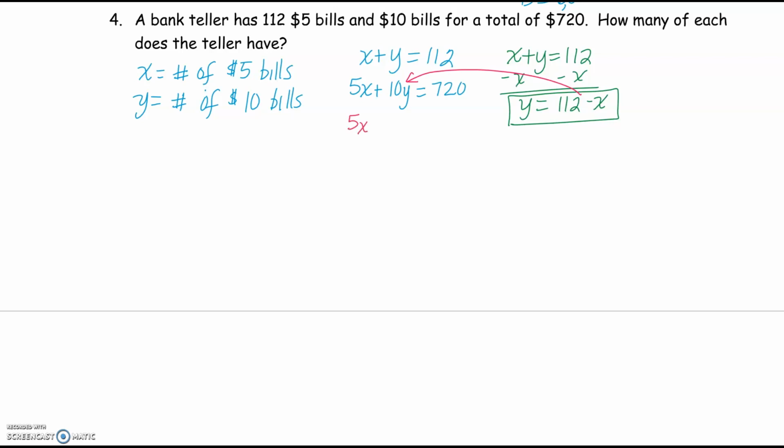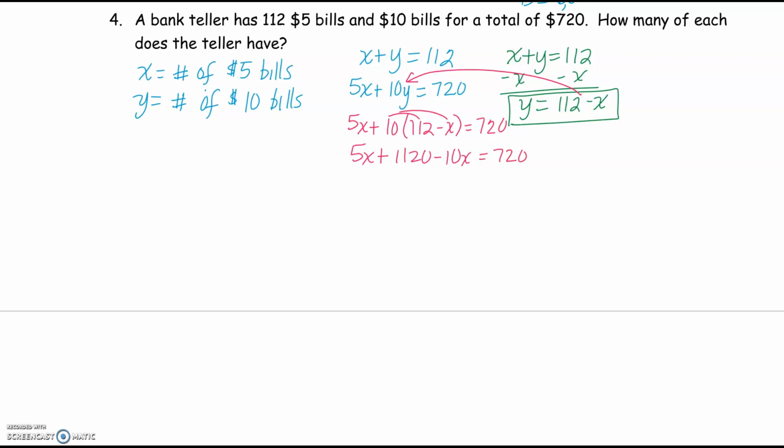So I get 5X plus 10, not Y, but 112 minus X equals 720. Distribute. I get 5X plus 1,120 minus 10X equals 720.